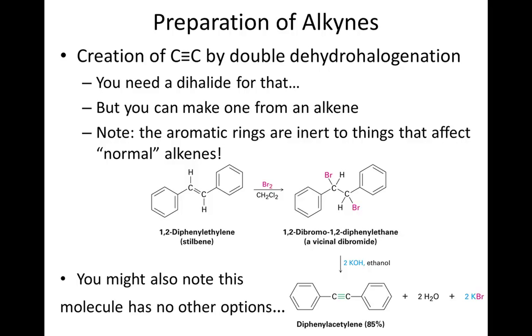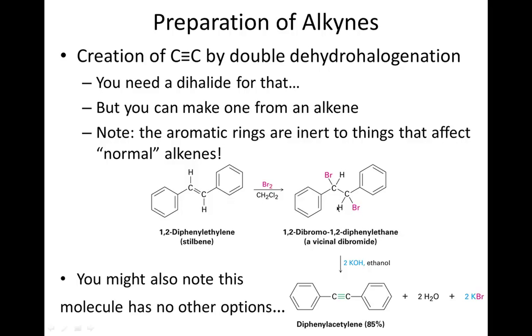And sometimes you can also start from a molecule that's already got a double bond in it. So this example that I've got here is starting from an alkene, you could make a dihalide.